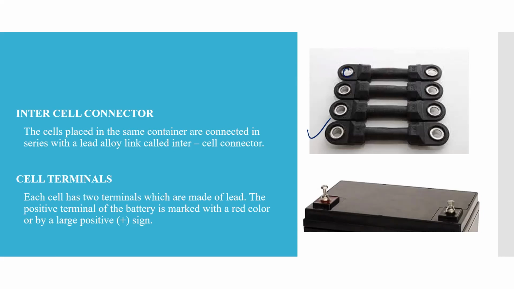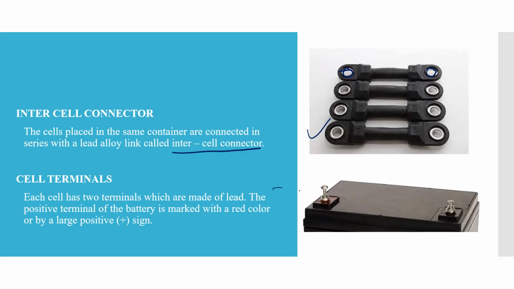So this is a link you can put here, you can put it here, and this is called the intercell connector. This is inside the battery, inside the container. So you can't see them directly, but they are there inside the container.